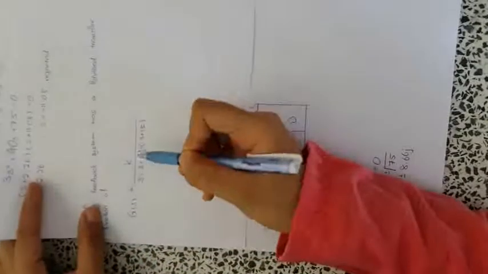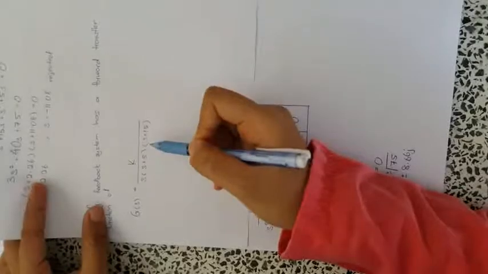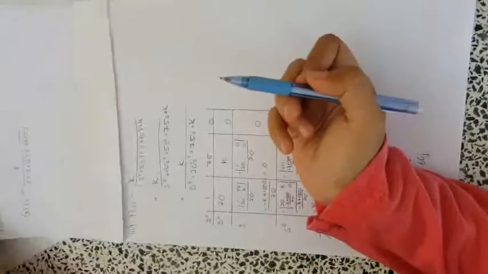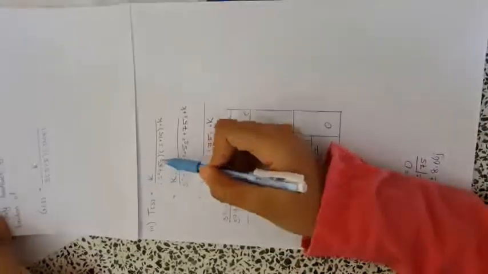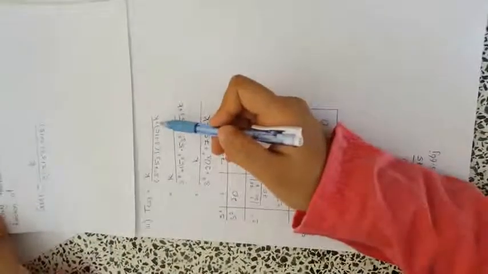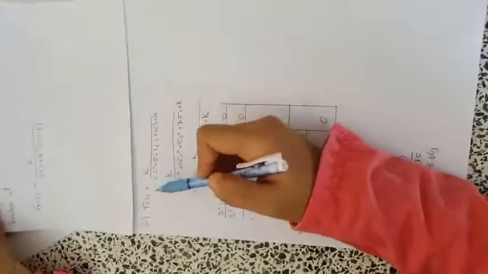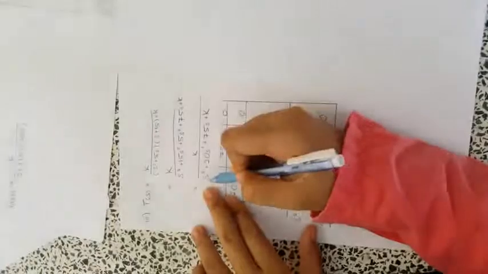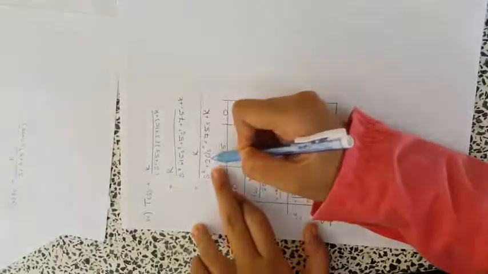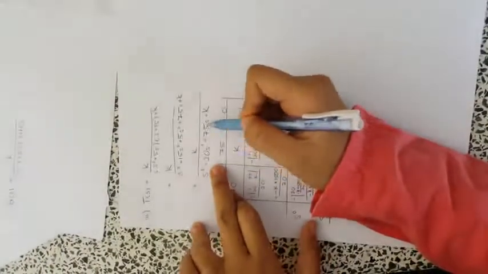This is the equation for the open loop system with unity feedback. For the closed loop system, we just move the k here and plus k here at the bottom. So finally we have k over s cubed plus 20s squared plus 75s plus k.